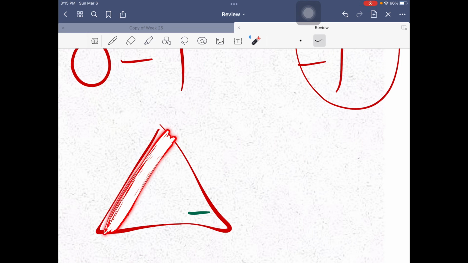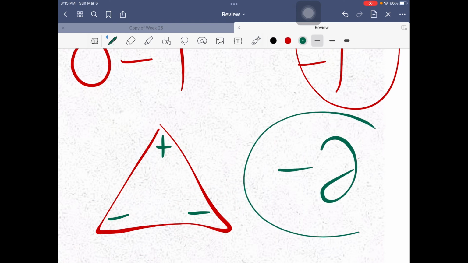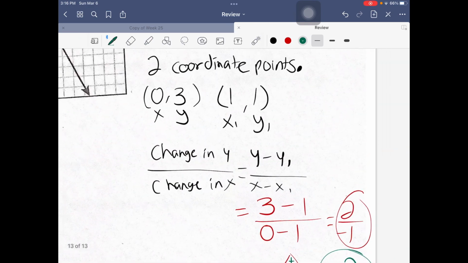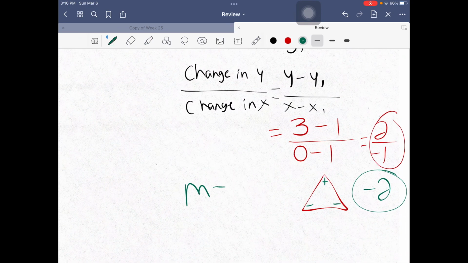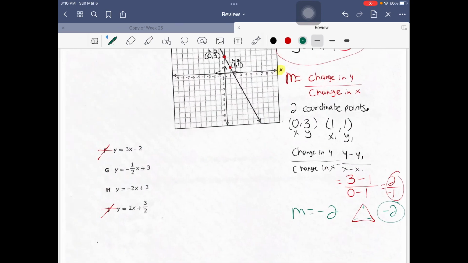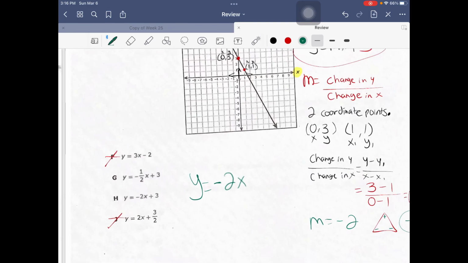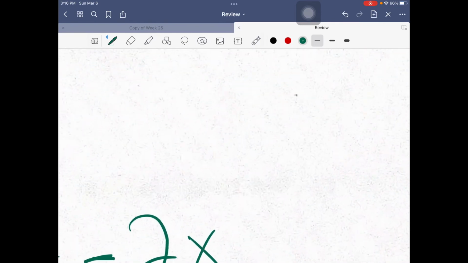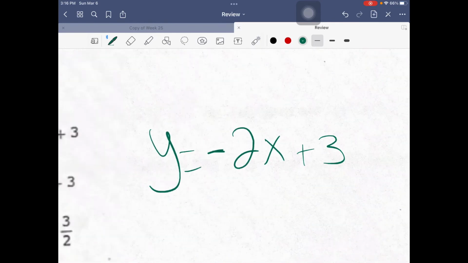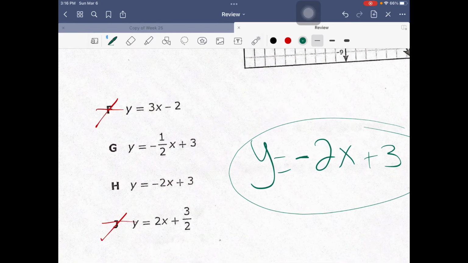So what do I end up with? A negative. So 2 divided by negative 1 is negative 2. That is my slope. That is my m. m equals negative 2. So that means your formula should be negative 2x, and it crossed at 3, so it's plus 3. That's your formula.